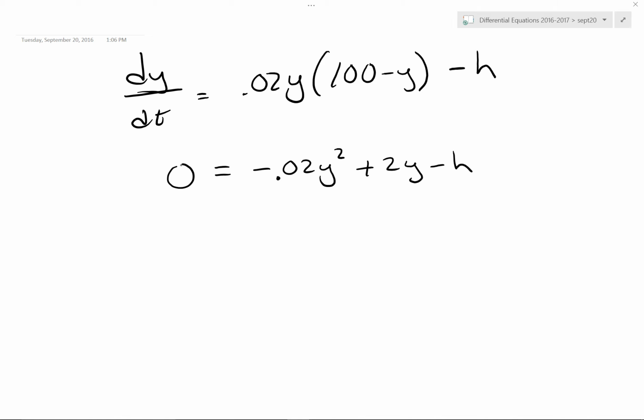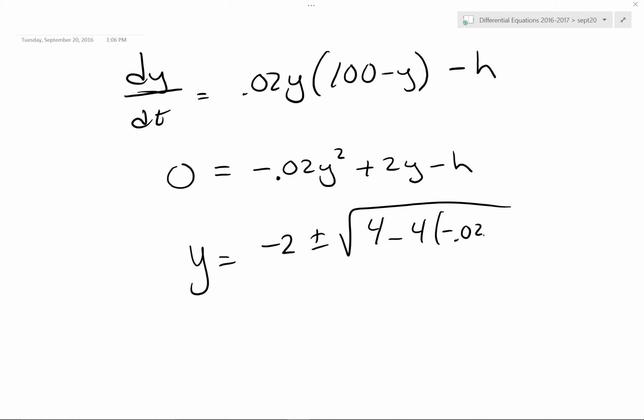Now, I can put this away, and no one's shocked. Okay, now, so y equals what? Opposite of b, plus or minus the square root of b squared minus 4 times a times c, all over 2a.